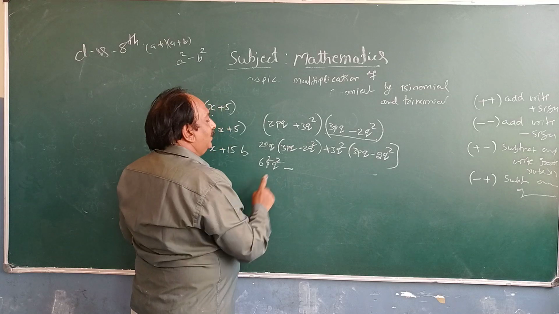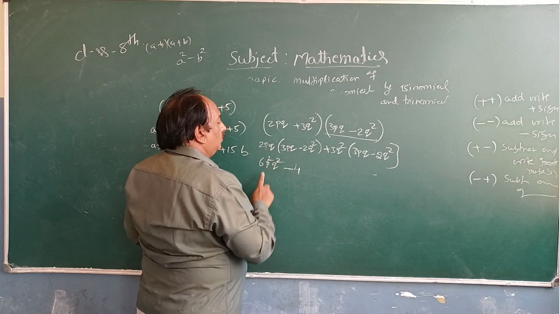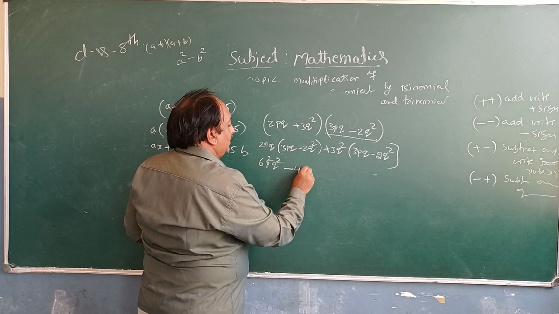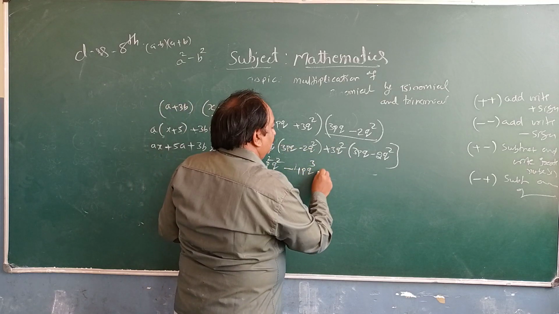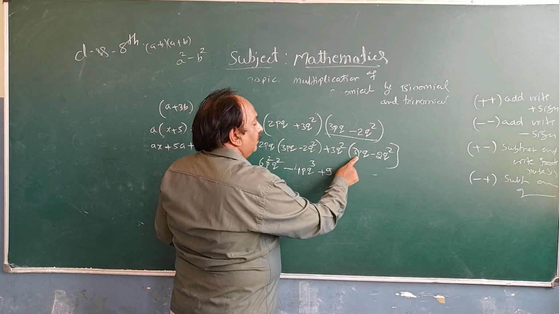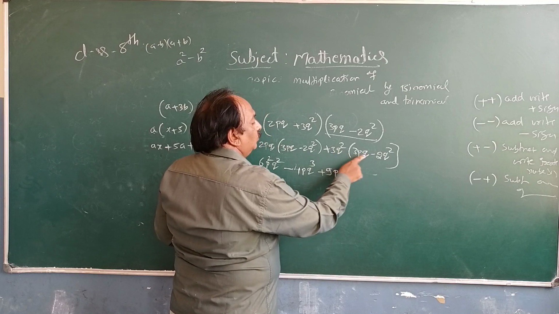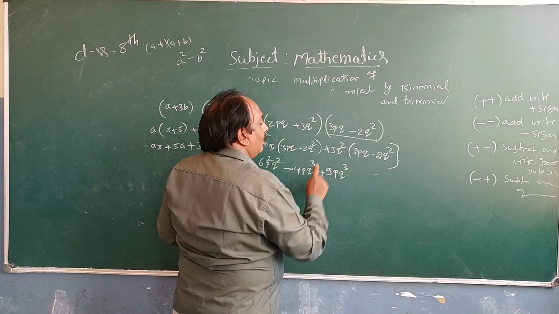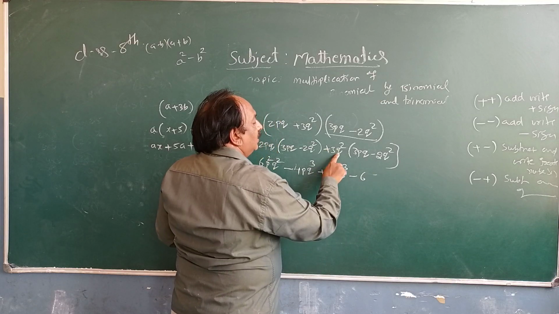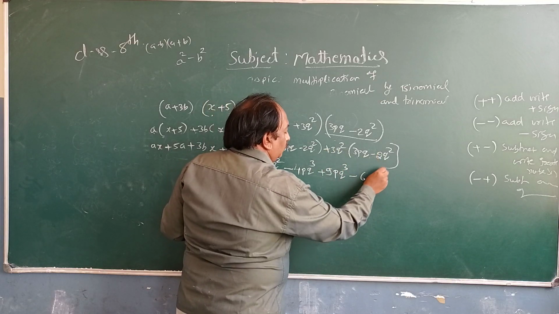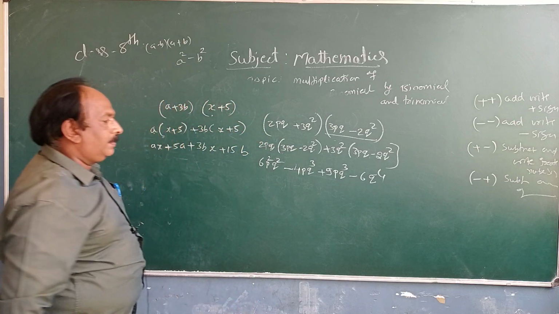Plus into minus, minus. 2 2s are 4, P as it is, Q squared into Q, Q cubed. 3 3s are 9, P as it is, Q squared into Q, Q cubed. Plus into minus, minus. 3 2s are 6, Q square into Q square, Q to the power of 4.